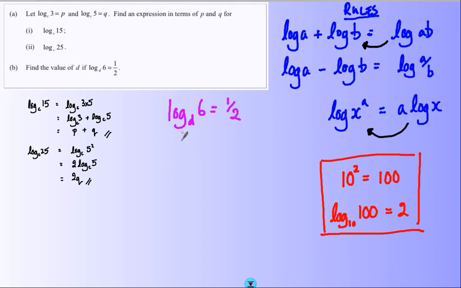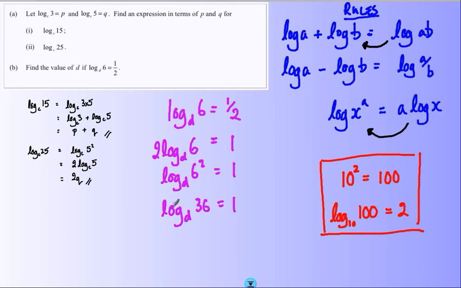Things to do, well, I could use rules of logarithms to help me here. I could sort this out and get, for example, I could say that a half logarithm base d of 6 equals 1 by multiplying both sides by 2, and so logarithm base d of 6 squared equals 1, logarithm to base d of 36 equals 1, so I could do these sort of things.